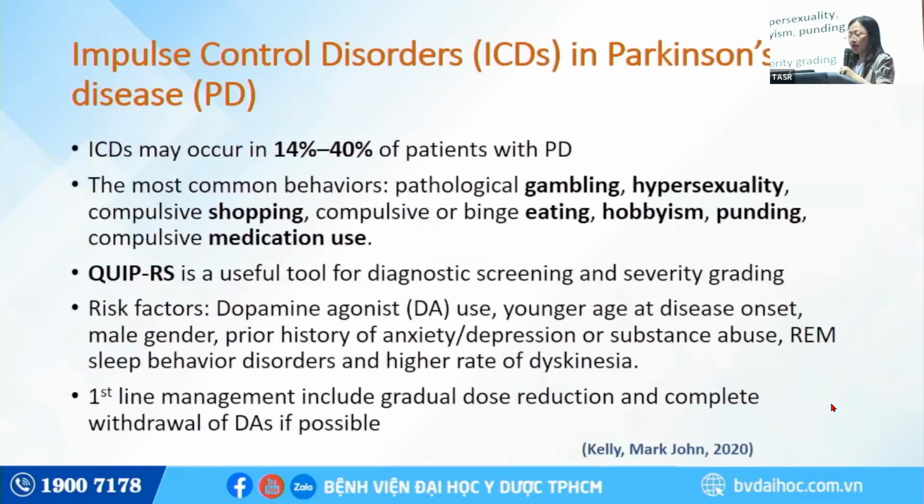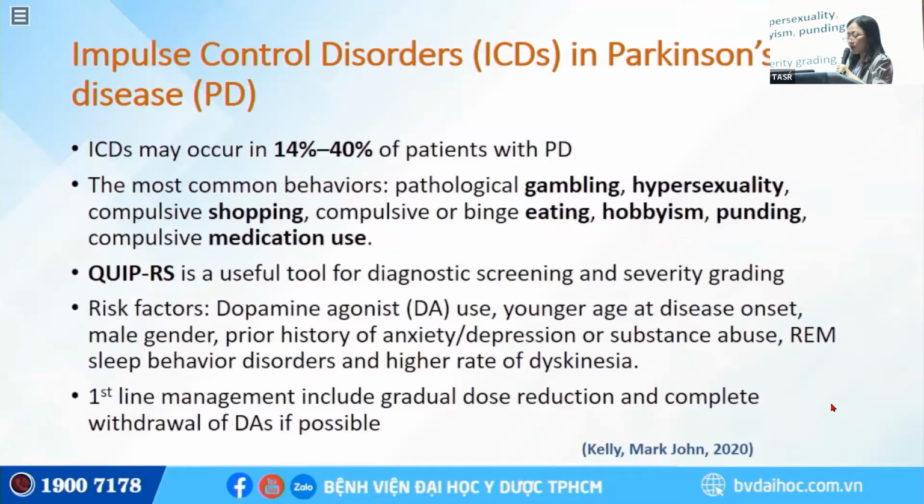So through this case, I want to remind of an underdiagnosed complication in Parkinson's disease, which is impulse control disorder. ICD may occur in 14 to 40 percent of patients with Parkinson's disease. The most common behaviors include pathological gambling, hypersexuality, compulsive shopping, compulsive eating, punding, and compulsive medication use.